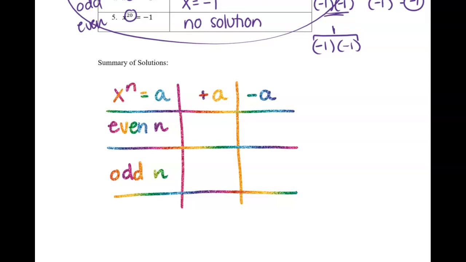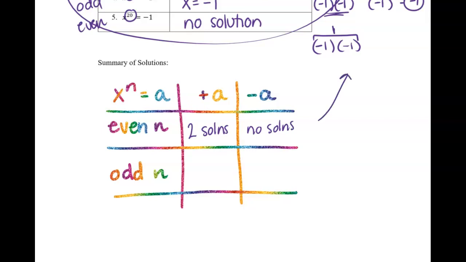The way this works is if you have a positive a, which is like your answer, like in x to the 4th equals 16, if you have a positive a and an even power, you will always have 2 solutions. If you have a negative a and an even power, you'll always have no solutions because of what we talked about up here with the pairs.